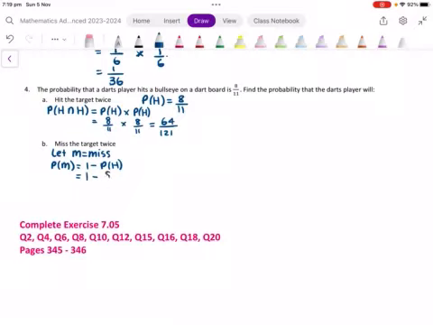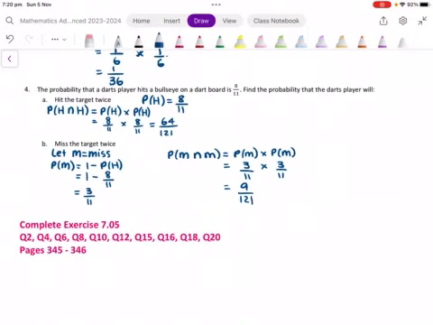So it'll be 1 minus 8 over 11, which is equal to 3 over 11. So then the probability that we get a miss and a miss is equal to the probability of a miss times the probability of a miss, which equals 3 over 11 times 3 over 11, which equals 9 over 121.